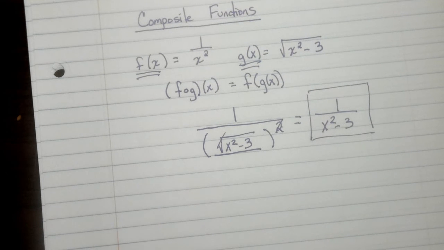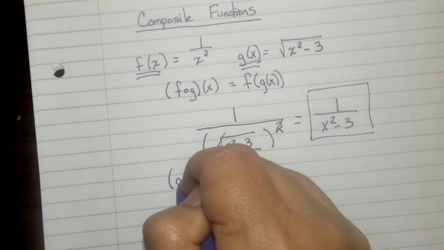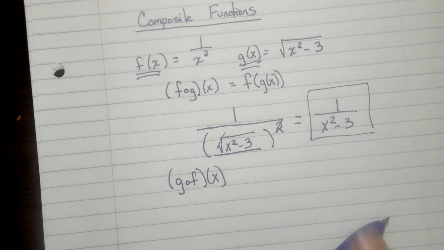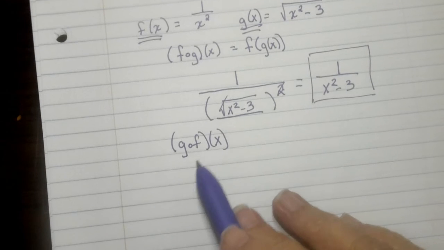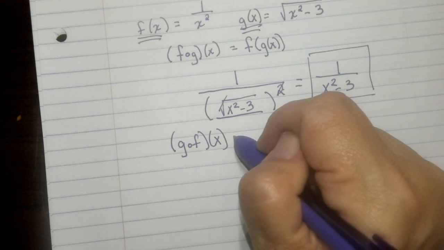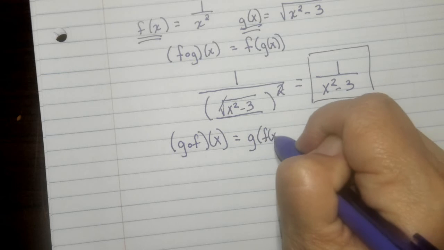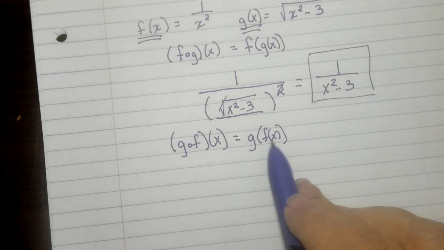But now, what if it said g of f of x? Alright, so if I'm going to find g of f of x, that's written like this, g of f of x, it helps me to write it out this way.